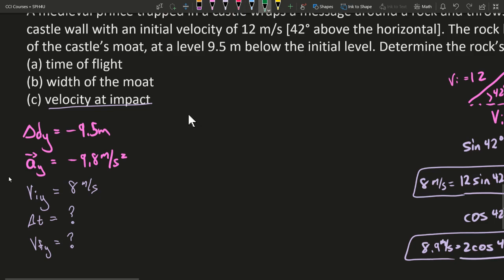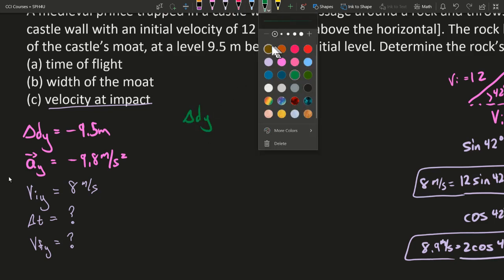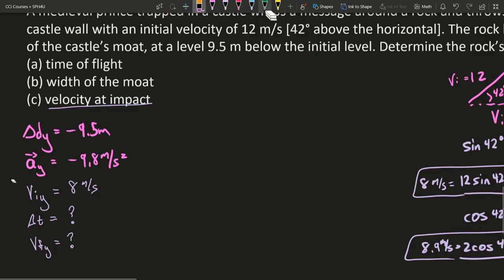If I choose this formula, delta dy is equal to initial velocity y times time plus 1/2 acceleration in the y direction times time squared.